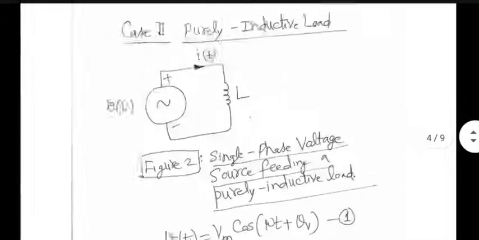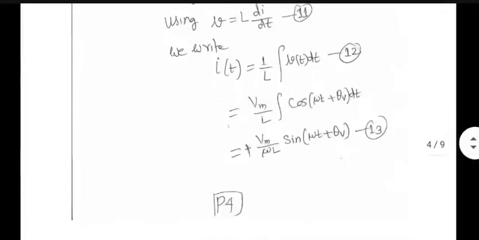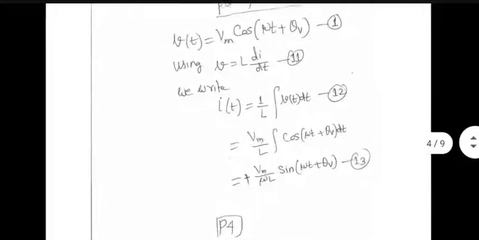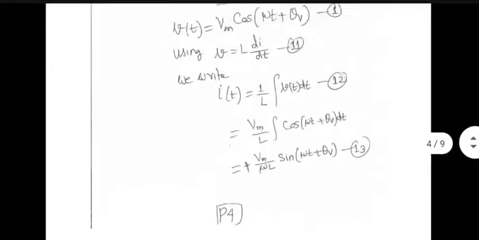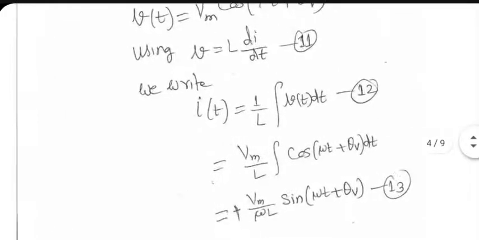So this is a practical situation, close enough to a lot of practical situations. It's a pain here because we'll see why it's a pain. Anyway, so the current flowing through the pure inductor is given by equation 13: Vm divided by omega L multiplied by sine of omega t plus theta v. Omega L, as you well know, is the reactance of the inductor. We write it XL.